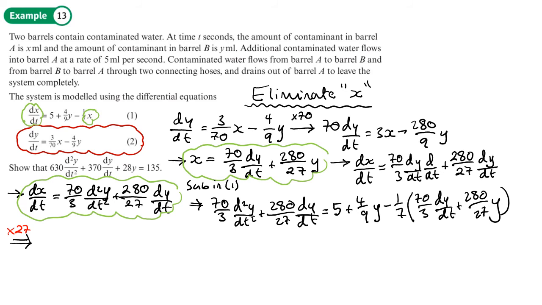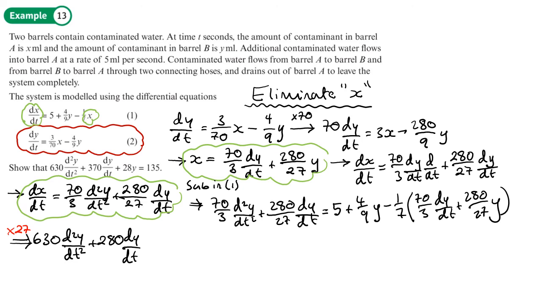So 70/3 times 27 is going to give me 630. So 630 d²y/dt² plus 280/27 times 27 is just going to be 280. So 280 dy/dt. Now I'm going to bring everything over to one side as well. The 5 I'll leave there on that side. I'll bring the 4/9 over.